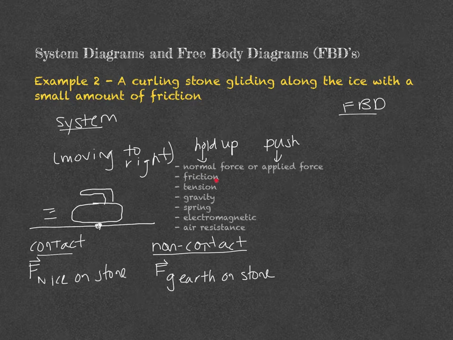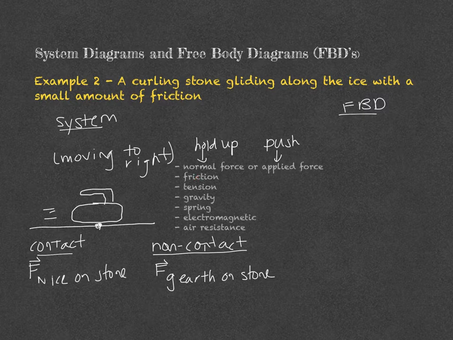So I can keep on going down my list. I've got my normal force that's holding it up, no push. Friction. There is friction present because it tells us in the question. So they usually should give you a hint. Sometimes in physics we assume there's no friction, but sometimes we will take it into account, and they did tell us in the question we want to include friction. So we'll list that.